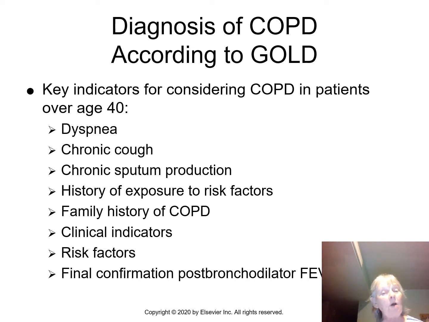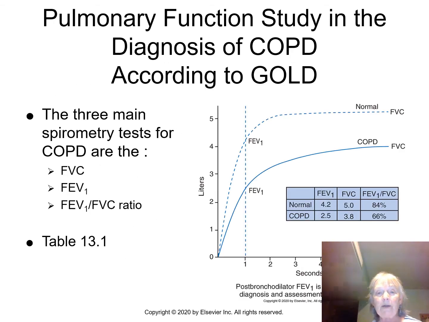Did your family smoke? Were you raised in a log cabin and all you had was an old wood burning stove or something like that for heat and cooking? Your clinical indicators, any other risk factors, and then they're going to go ahead and do your PFT. Once we do the PFT, then we can go ahead and start to roll it in.